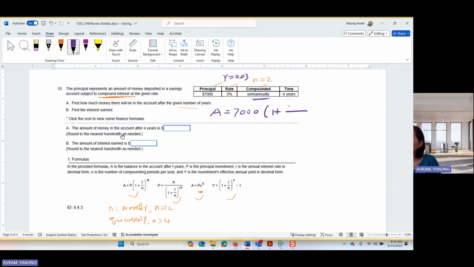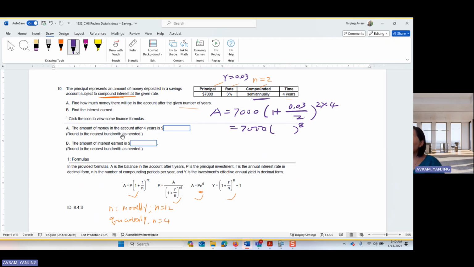You will need to convert it into a decimal. Using the formula here, n is 2, so 2 times t, where t here is 4. You will need to calculate inside the parentheses first, and then raise the power before you multiply by 7,000. So 2 times 4 is 8.